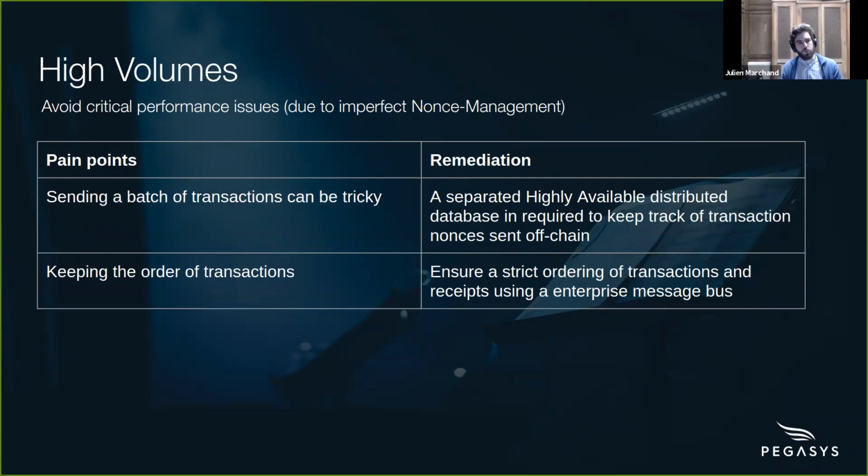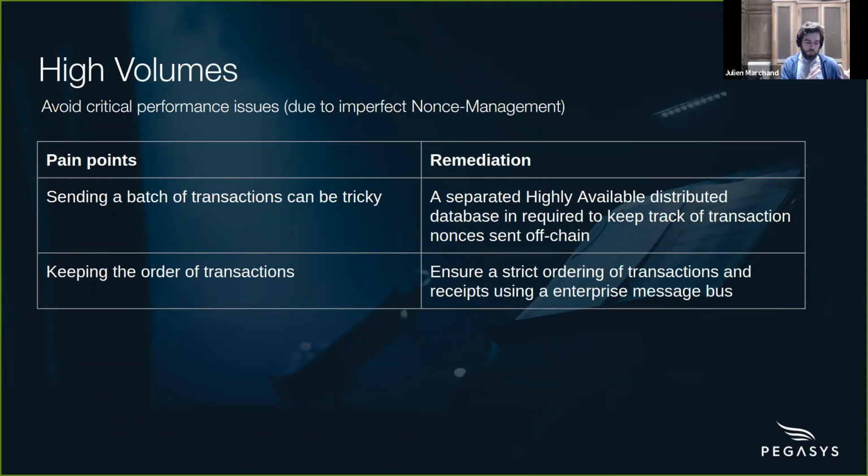Finally, let's move on to the high volume requirements, which is the last section from the pain points. When you want to design a blockchain application, you of course want to avoid some critical performance issues that often appear quite quickly when you want to send batches of transactions.